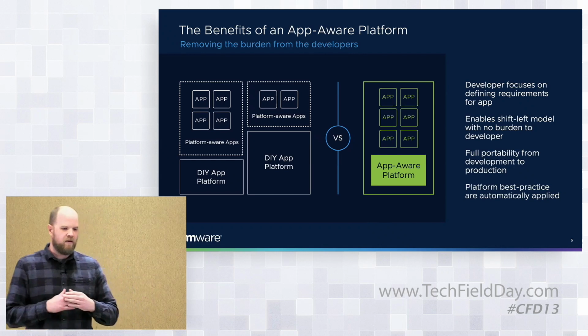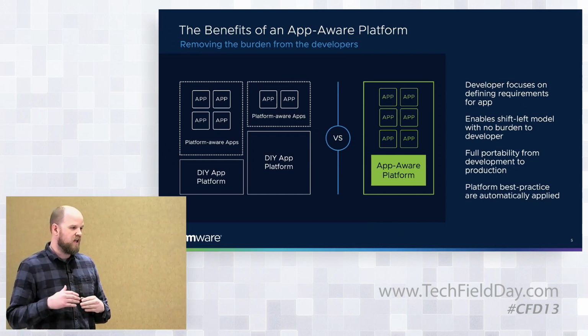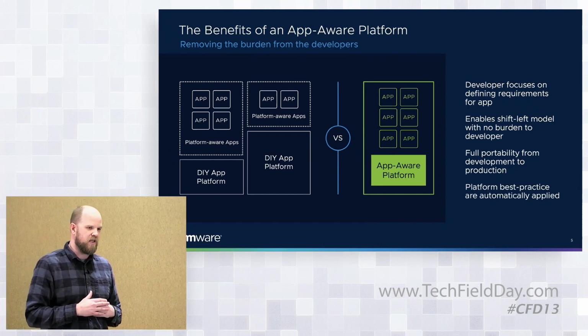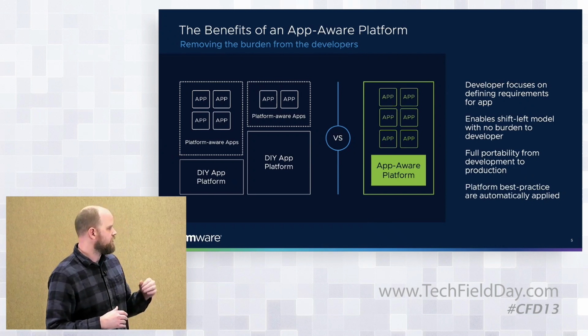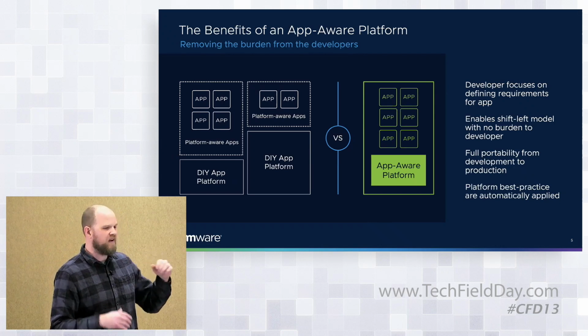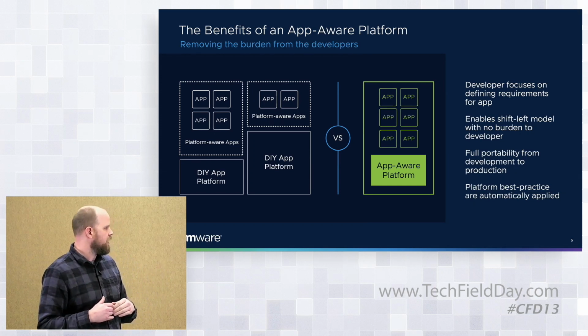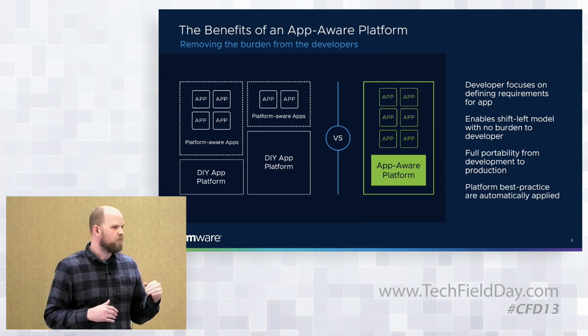We feel that an Appleware platform leverages a lot of the patterns that we saw with the Spring Java framework. It allows developers to focus on just defining their app requirements, and it enables a shift left model with no burden to the developer.